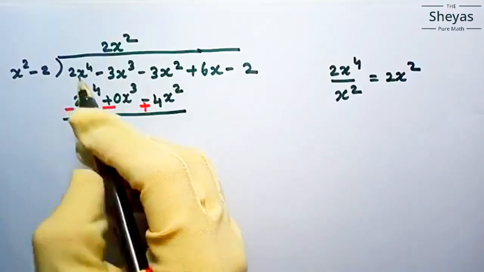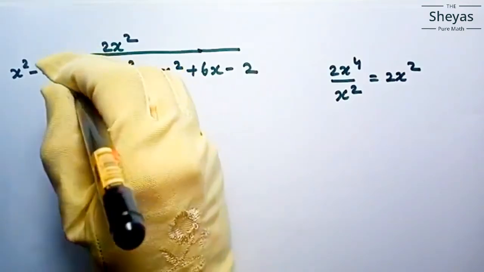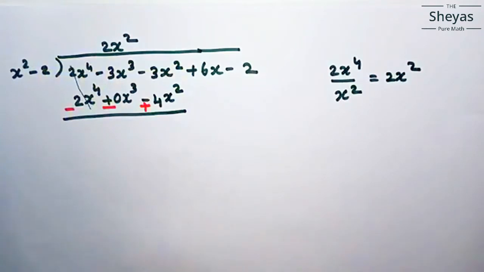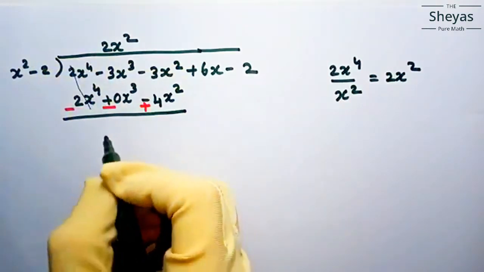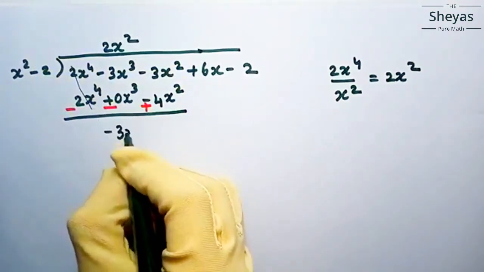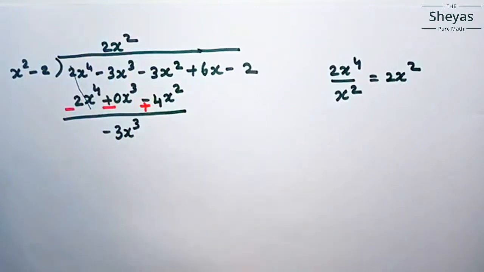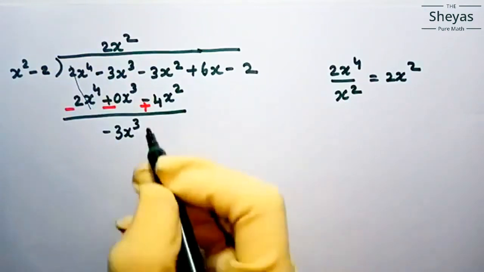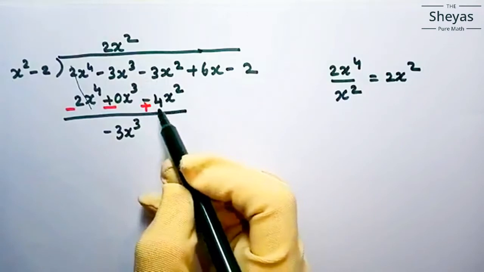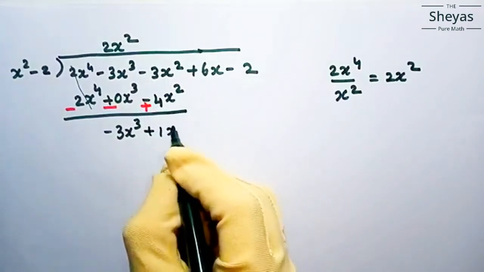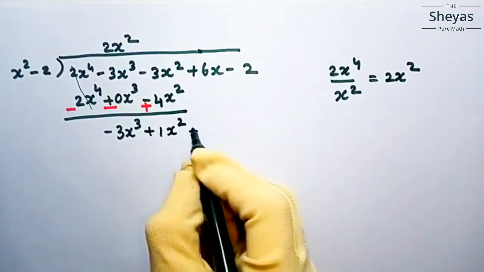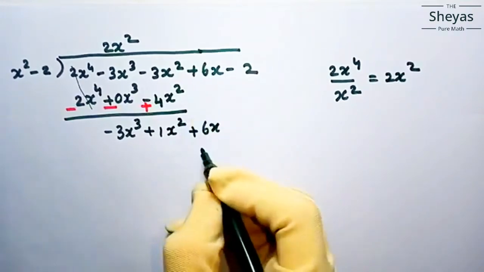So 2x power 4 minus 2x power 4 gets cancelled, and minus 3x cube minus 0 will be minus 3x power 3. Then you have to take the new sign. So minus 3 plus 4 will be plus 1x square, and bring the remaining term 6x down.